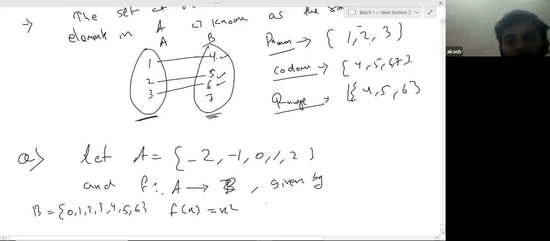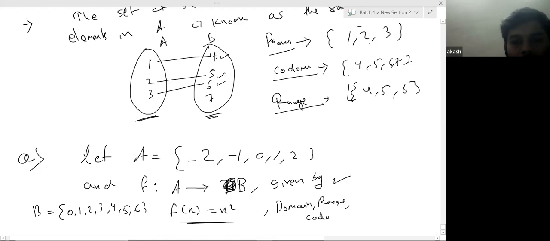You have to tell me the domain and range of this function. Gautam, Abdul Arsalan, is the question clear? Find the domain, range, and codomain.